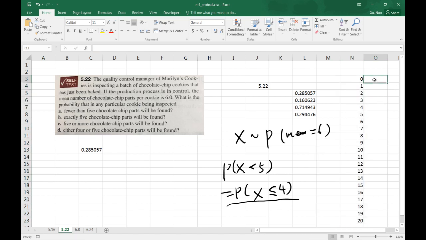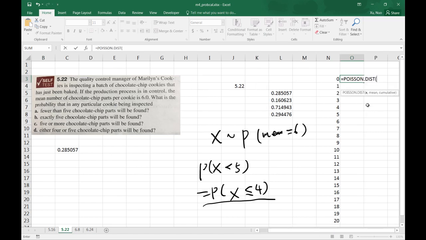And then I'm going to use the same function to calculate the probability of having no chips in the cookie.